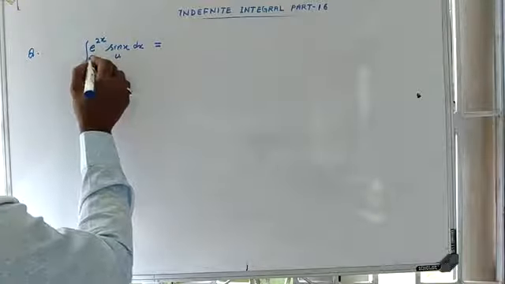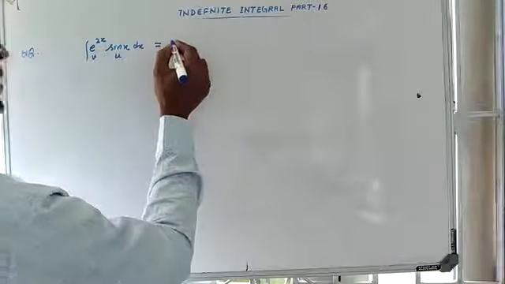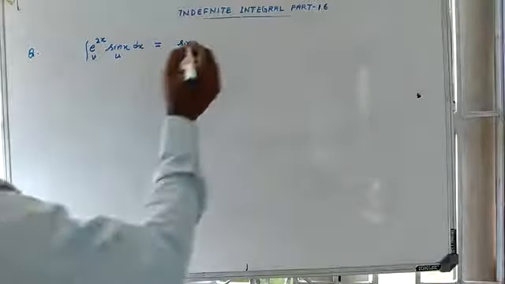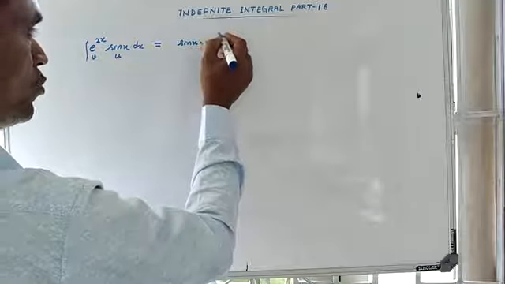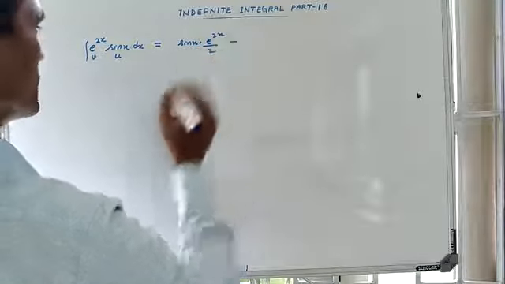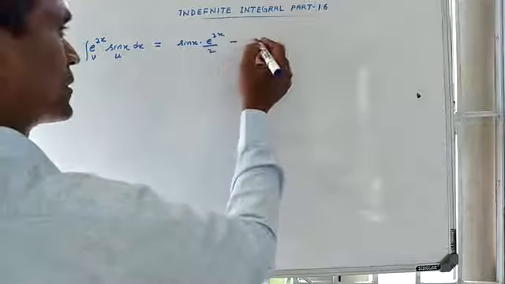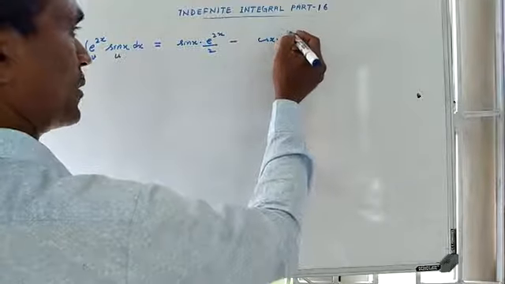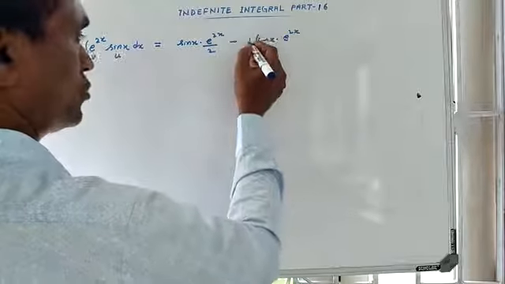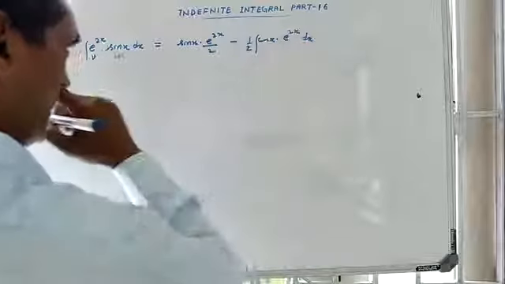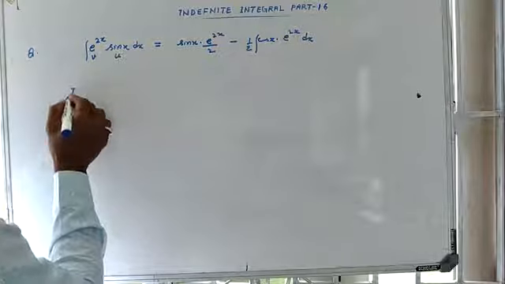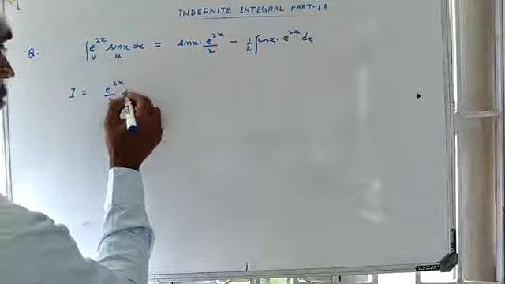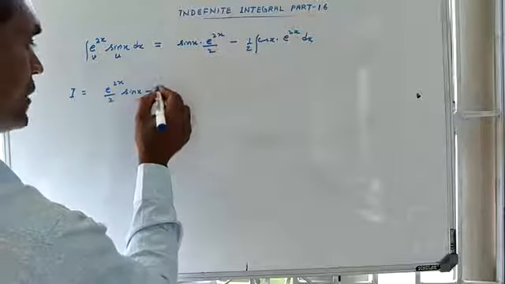So this is first and this one is second. First function unchanged, sin x unchanged, and integral of e to the power 2x is e to the power 2x by 2, minus derivative of sin x, cos x, and integral of second, e to the power 2x by 2, dx. So I is equal to e to the power 2x by 2 sin x minus 1 by 2.